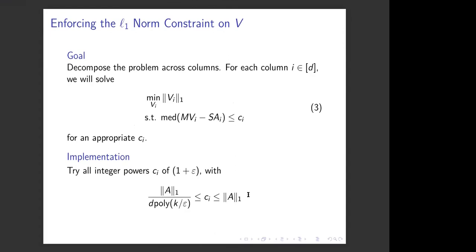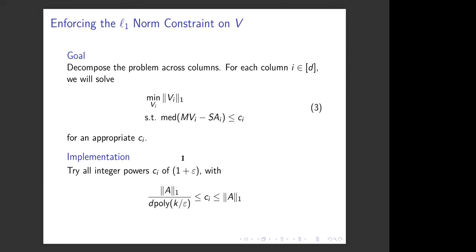So what are these upper and lower bounds? The upper bound is simply a crude approximation: the median-based objective when you plug in V star is at most the norm of A times a constant factor. For the lower bound, we can't go arbitrarily low for C sub j, because we must guess only finitely many powers of 1 plus epsilon. But we don't have to go lower than this.